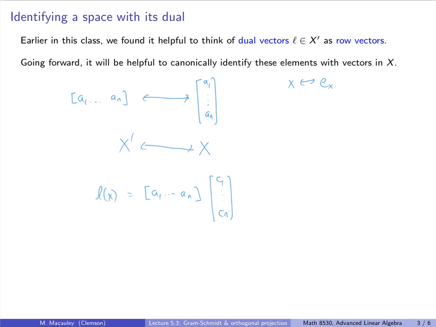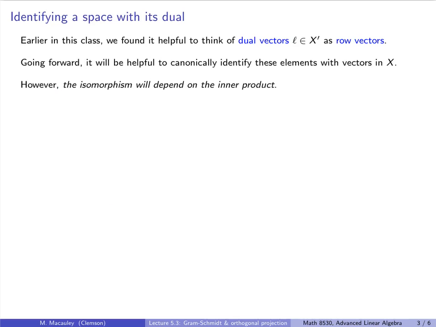And if we have a vector space with an inner product, that will define the identification between the so-called dual vectors and actual vectors. In other words, this isomorphism that I want to define depends on the inner product.